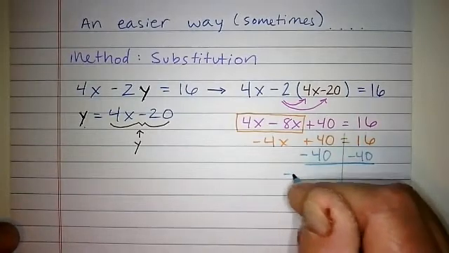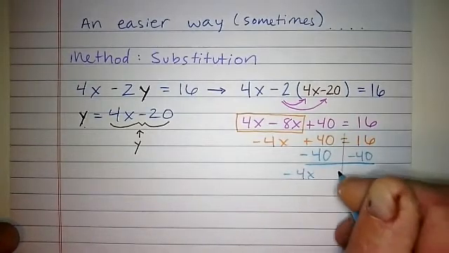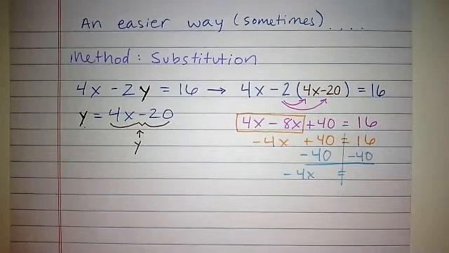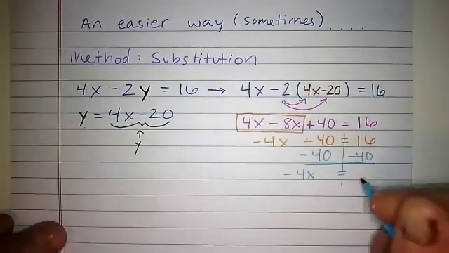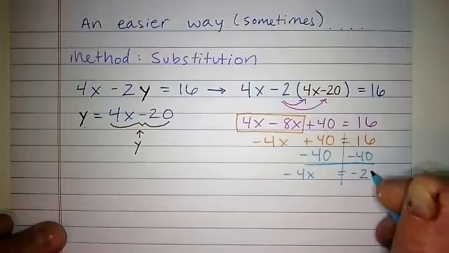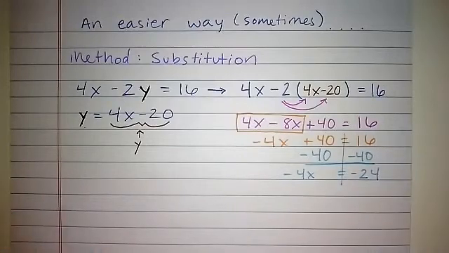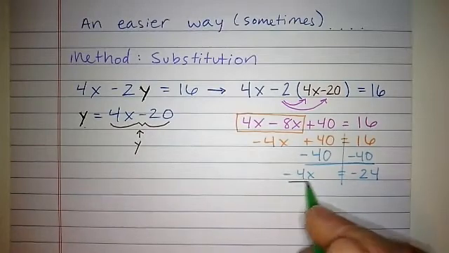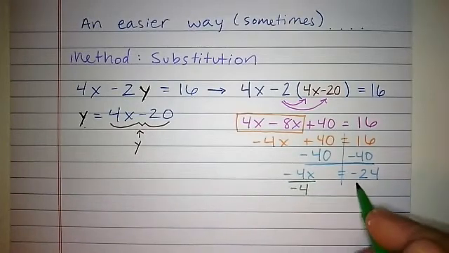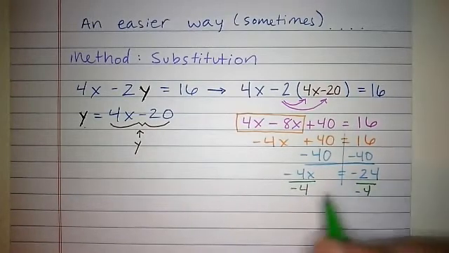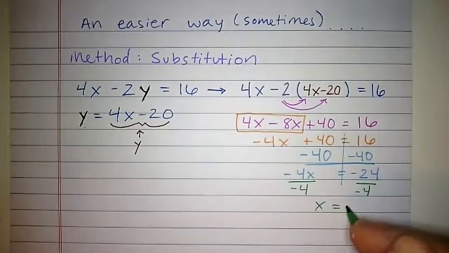And so that would give us our equation, -4x equals -24. And now we're ready for our finish move. In our finish move here, we would divide both sides by -4. And that would give me x equals 6.